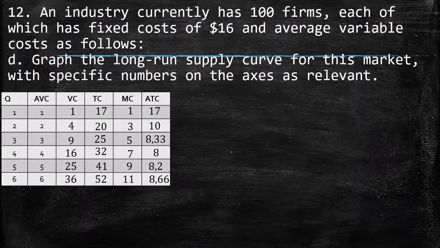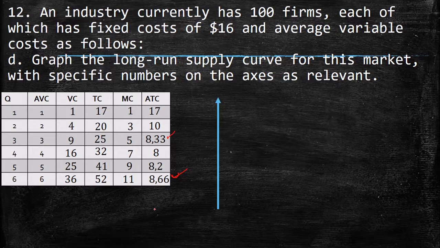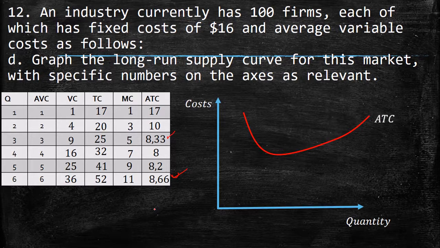Then graph the long run supply curve for this market, with specific numbers on the axes. So this one is already okay. This value is okay. Then we have this one, the average total cost, which basically starts here. Suppose that this is 17.